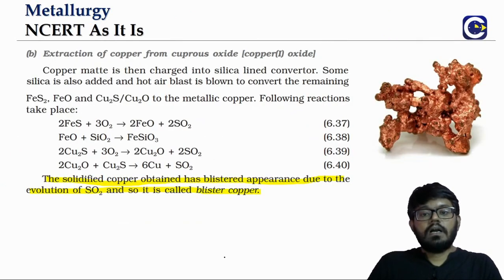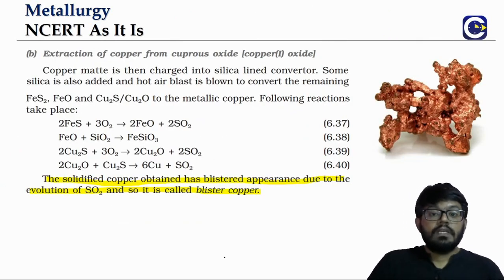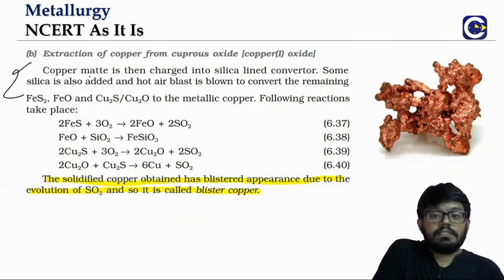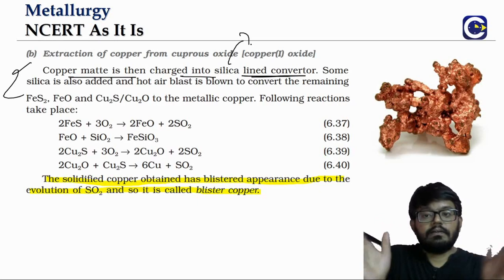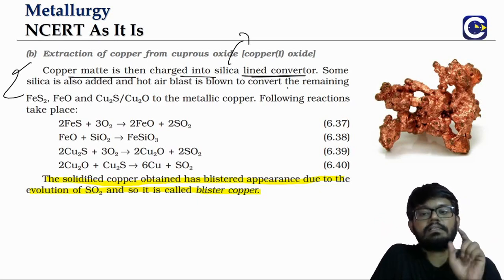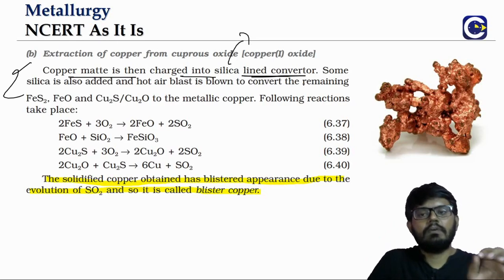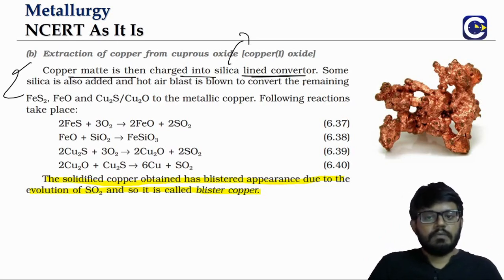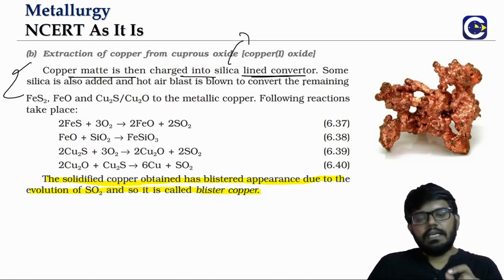Now this copper matte that we got is charged into, again you see, a silica lined converter. Here, they have not given the name of the converter. The name of the converter is the Bessemer converter. Bessemer converters are used both in the steel industry as well as in copper extraction.